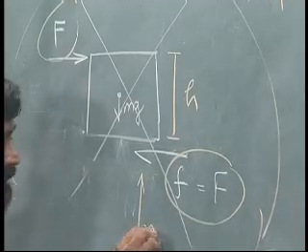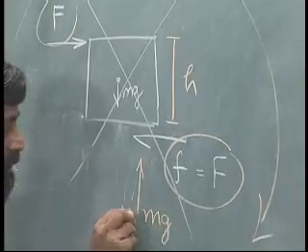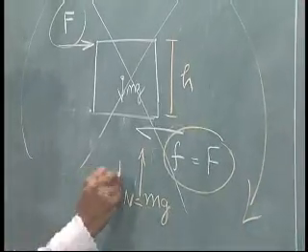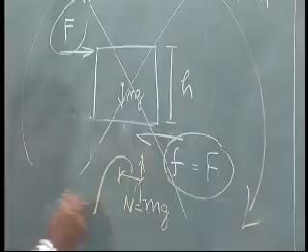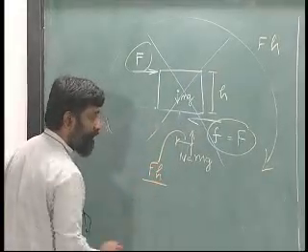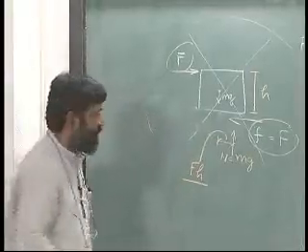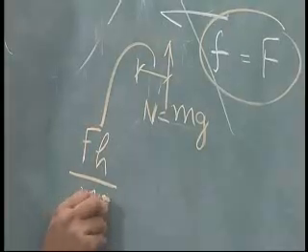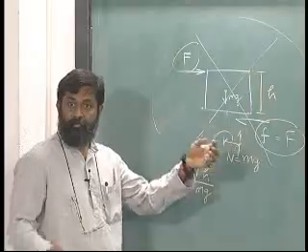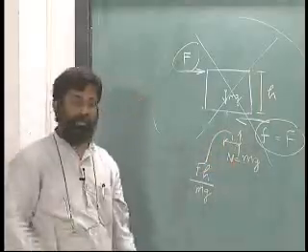N equals mg when I find the vertical equilibrium, and the distance between these two is such that it is equal to Fh divided by mg, or in other words mg times this distance will offer the opposite reaction.